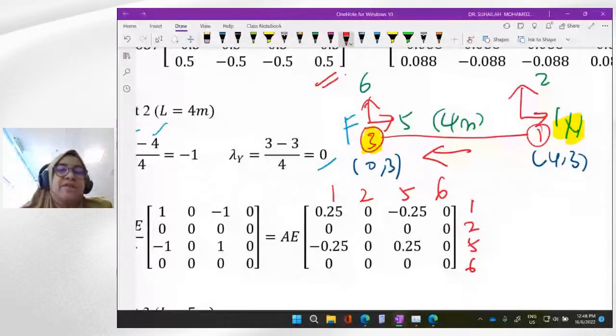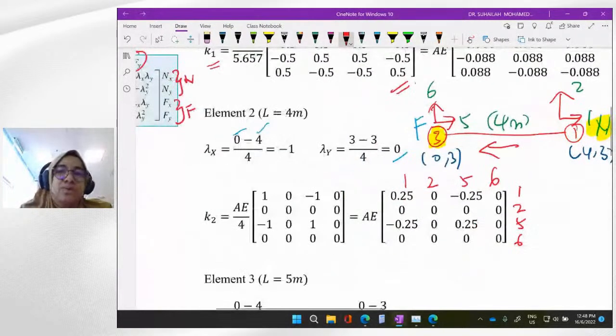The label of degree of freedom is very, very important. If you label it incorrectly, the stiffness matrix for the truss will be wrong. So this is how we analyze the element stiffness matrix.